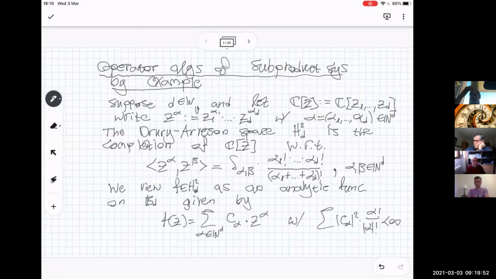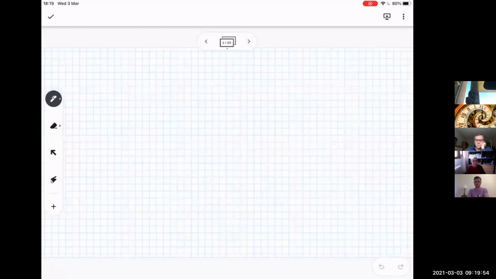And on this space, you have natural multiplication operators.